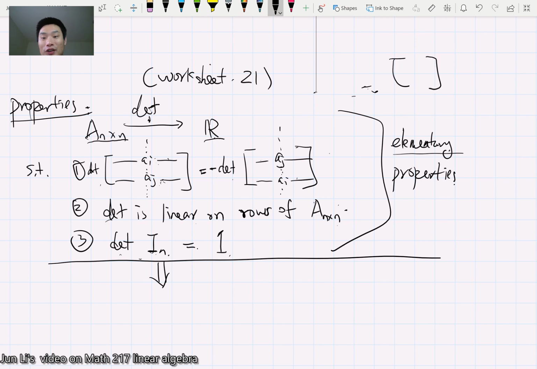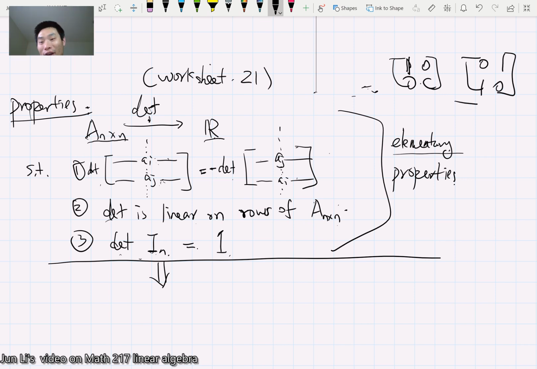So one, of course, is this one, scaling a row: 1, 0, 0, C. The second one is the swap: 0, 1, 1, 0.